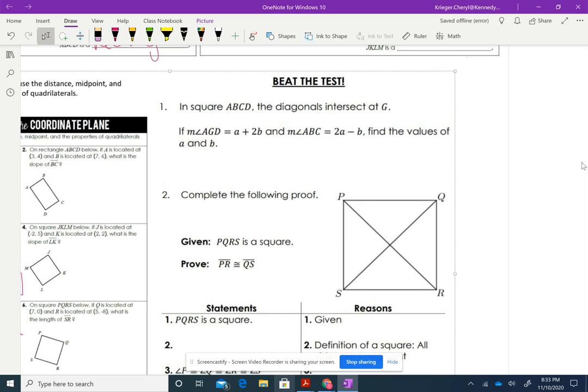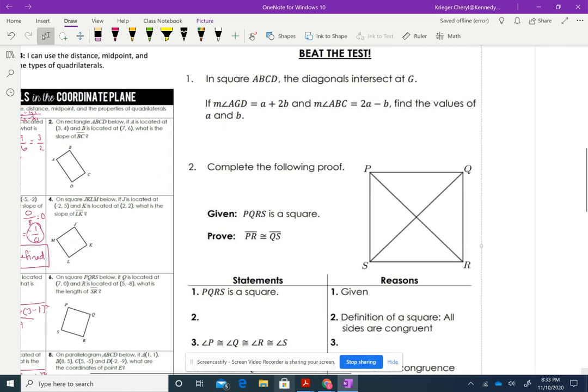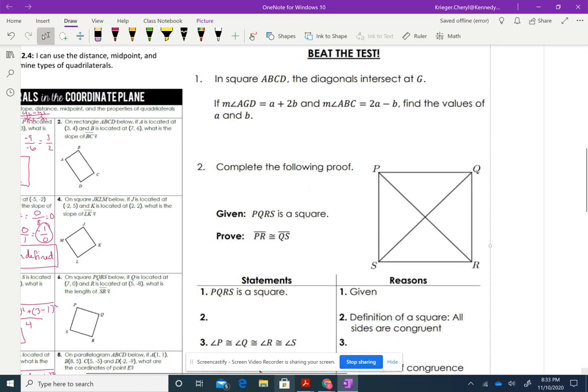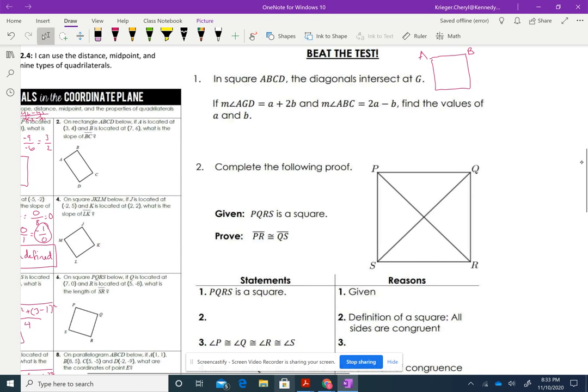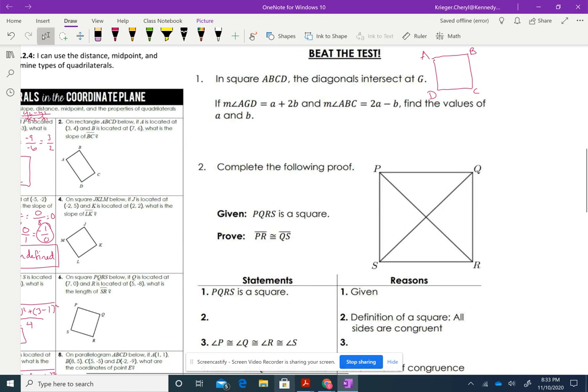Okay. Number 1 says, in square ABCD, the diagonals intersect at G. Okay, so let's draw a picture. Here is my square. Okay, A, B, C, and D. And the diagonals bisect at point G. So here's G. Okay, so I drew the picture so that I could label my angles, right?